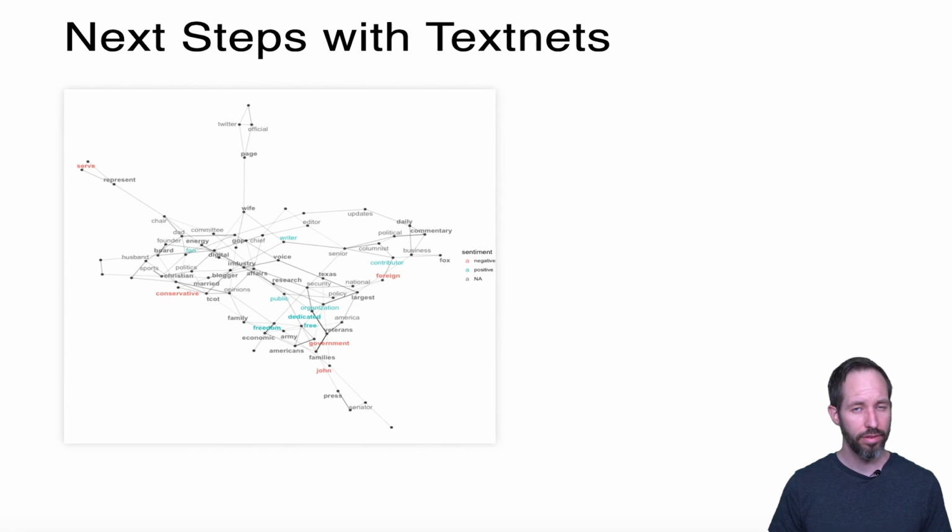So TextNets is relatively new. The idea to create text networks has been around for some time, but we're really starting to push things in really exciting new directions. For example, social networks can not only have edges between people, but those edges can have a valence. People can have a positive relationship to each other or a negative relationship to each other.